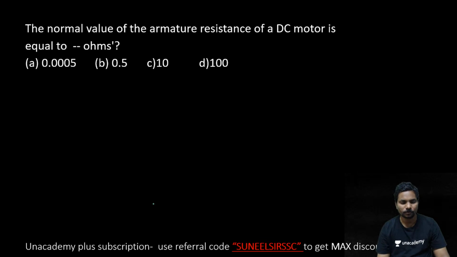The normal value of armature resistance of a DC motor is equal to dash ohms.